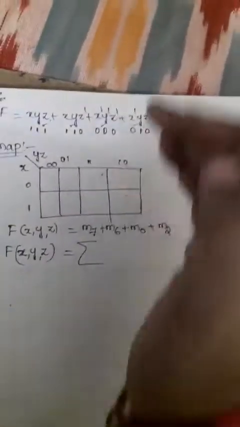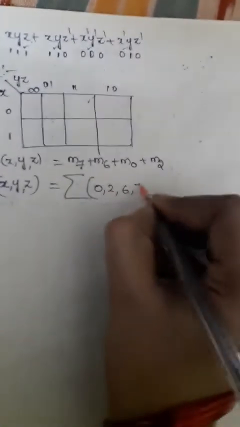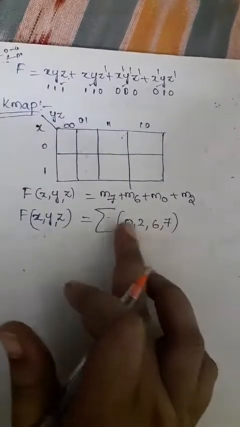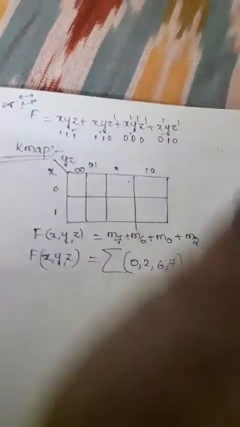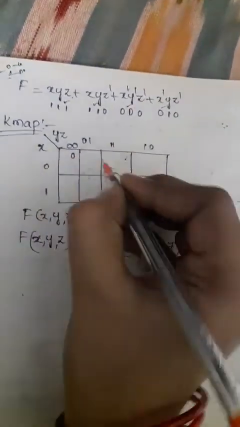Based on the truth table you can write it. So now we mention these values: 0, 2, 6, 7. We know these cells contain 1. Now, based on this, we have to represent the K map. Okay, so 0.